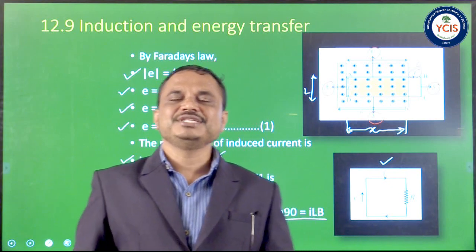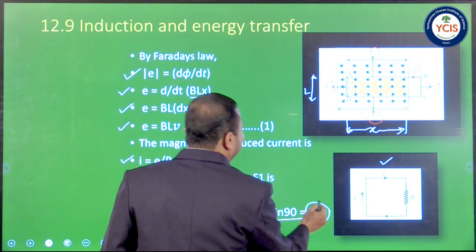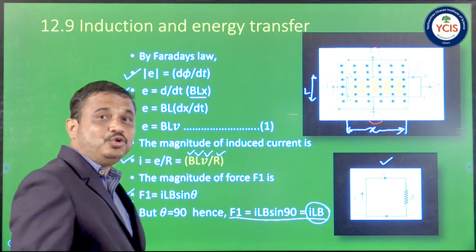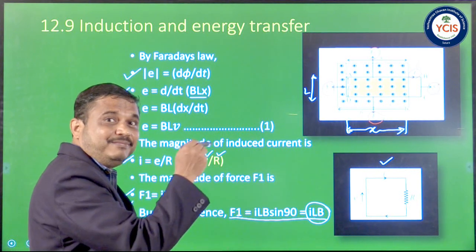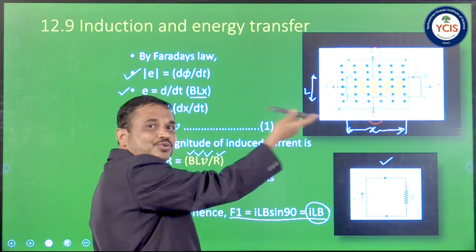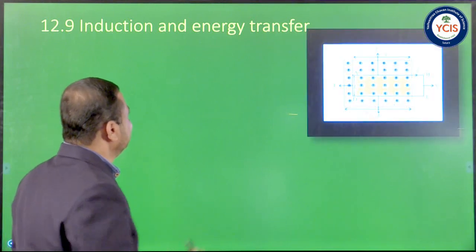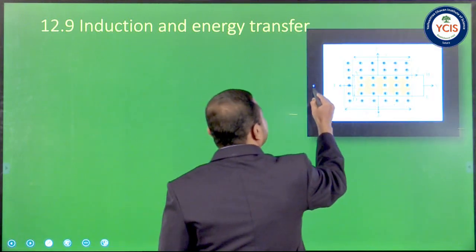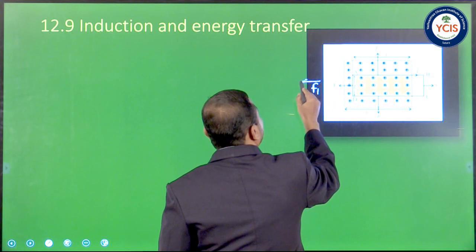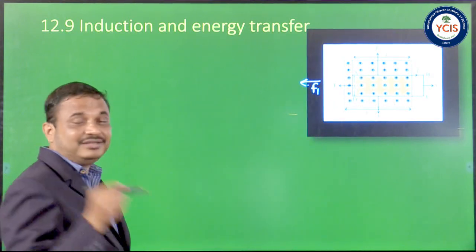The magnitude of this force F1 is ILB, acting on that loop, and by Fleming's left hand rule this force is directed towards the left.